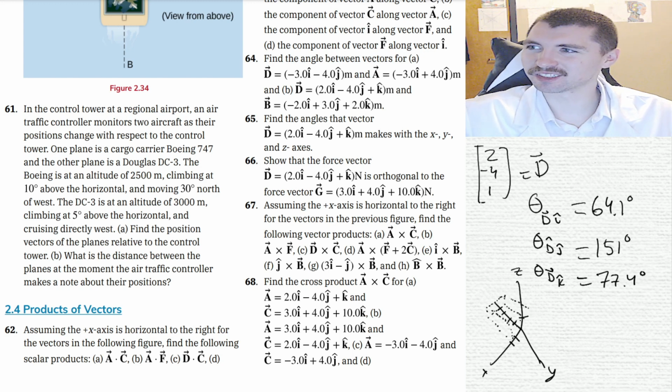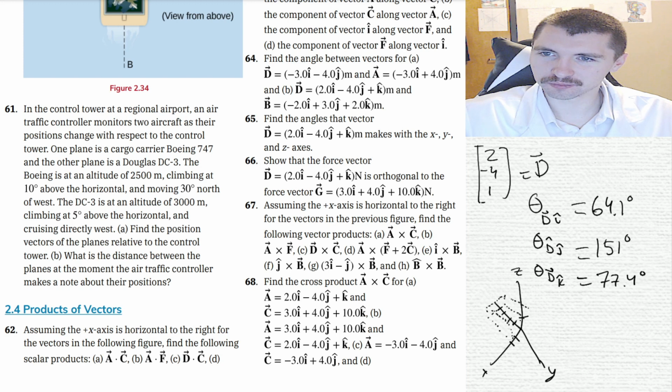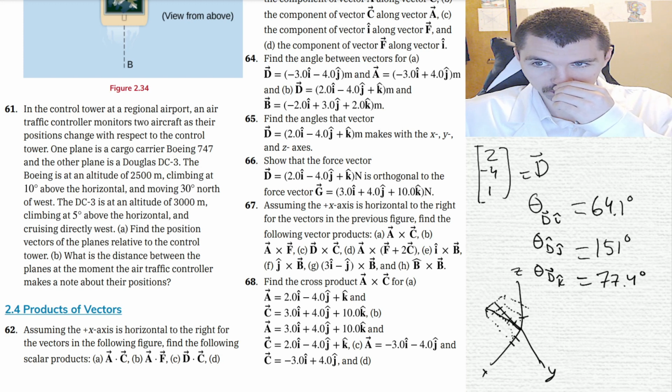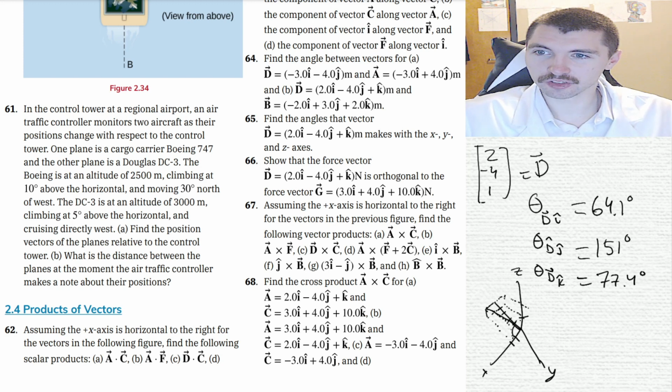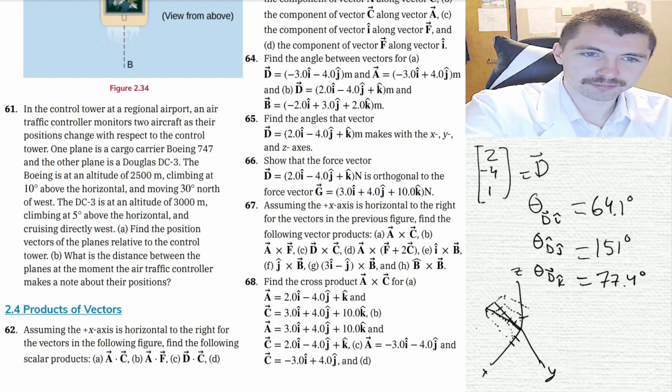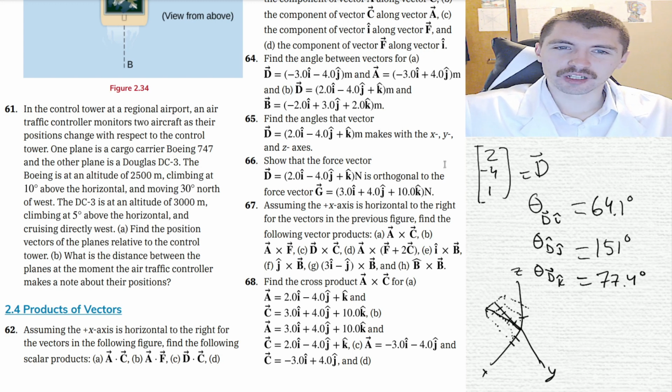Okay, so I'm not best at drawing 3-dimensional figures, but where is this going? This vector is going here. So it's saying 64 degrees here. I don't really know. It's kind of hard to draw, but we can calculate it.